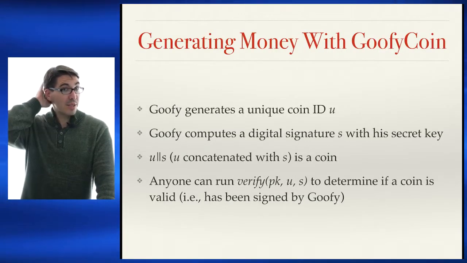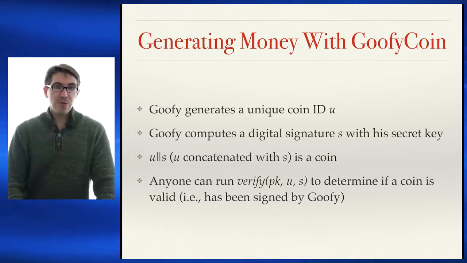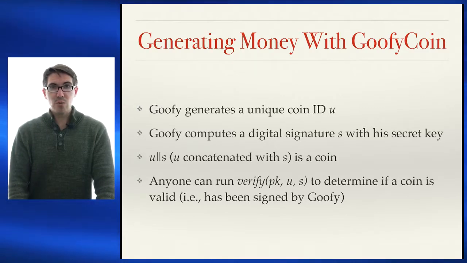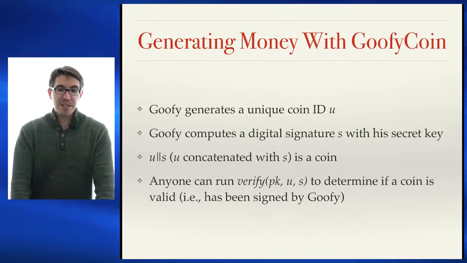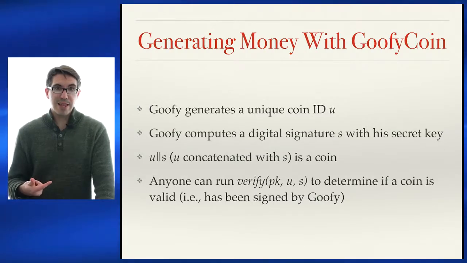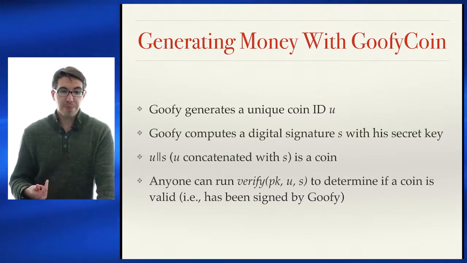So how do we generate these coins? First, Goofy generates a unique coin ID we'll call U. Then Goofy computes a digital signature S with his secret key. So we now have an ID and a digital signature of U proving that Goofy is the one who generated it.